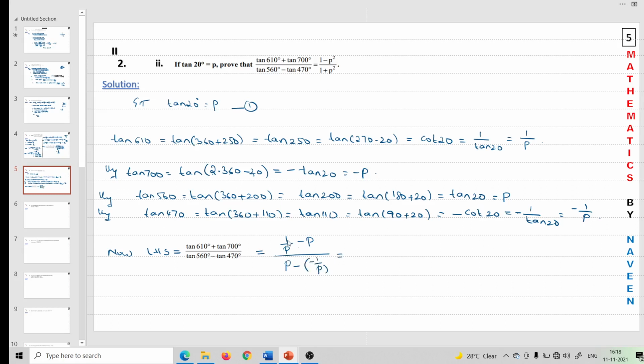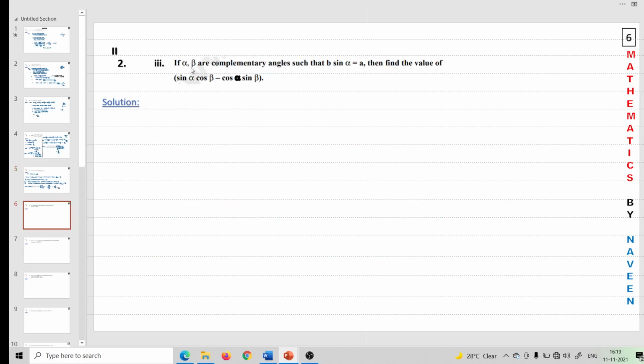That equals, with p as the LCM in the numerator, 1 minus p square, divided by, in the denominator, minus into minus is plus, p as LCM, p into p square plus 1. P gets cancelled. So that is nothing but 1 minus p square by 1 plus p square. This is the RHS.